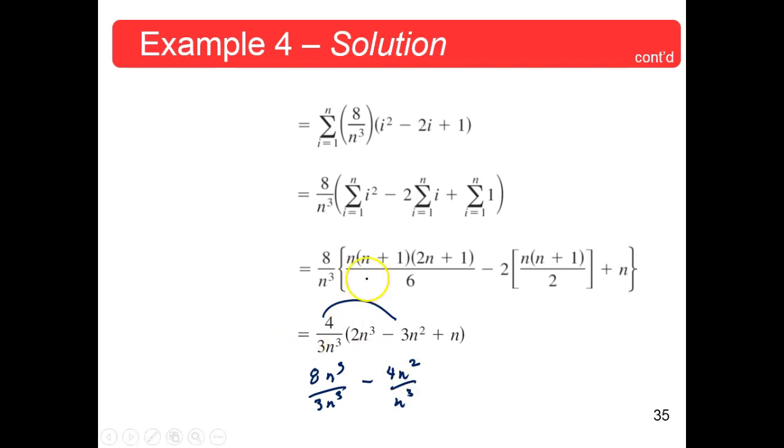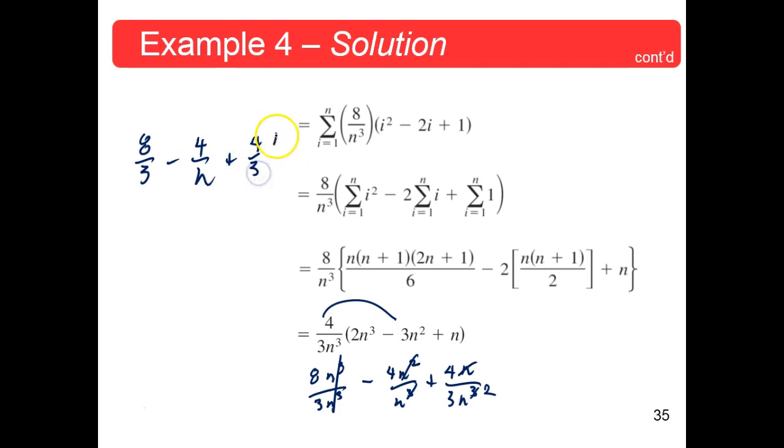And the last one would be plus 4n over 3n cubed. Now, when you think about this, the first goes to 1, this goes to 1 over n, and this goes to 1 over n squared. So this becomes 8/3 minus 4 over n plus 4/3 times 1 over n squared.